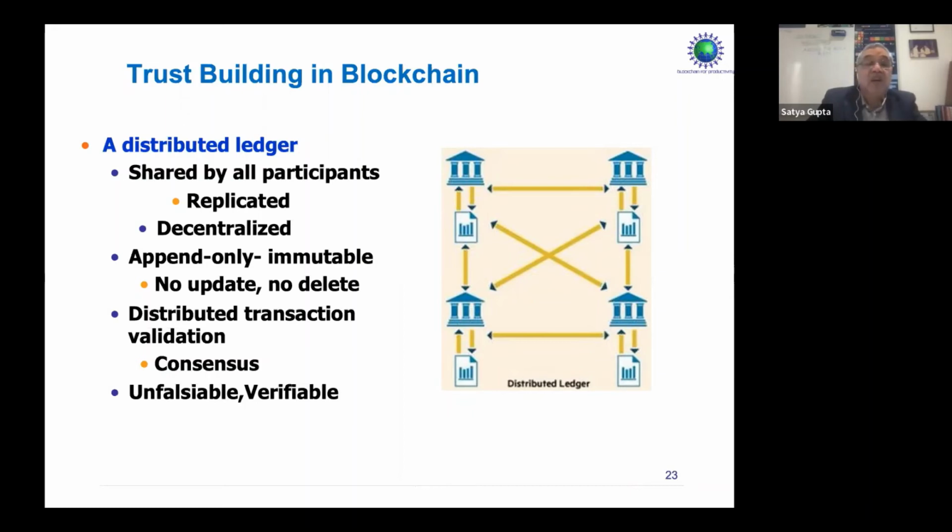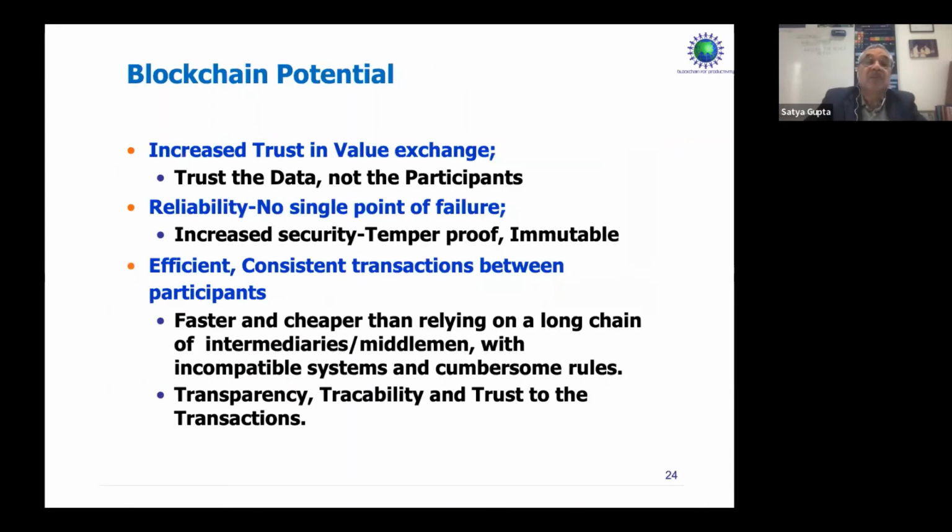Validation also happens through consensus, unfalsifiable, it cannot be wrong, and it is verifiable. So that is the trust building in blockchain, which was not there in any of your AI, ML. No trust is there. Always there is a doubt or gray area or some kind of issues. But blockchain brings the trust.